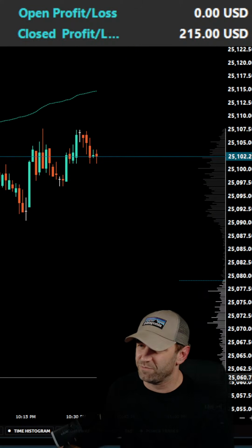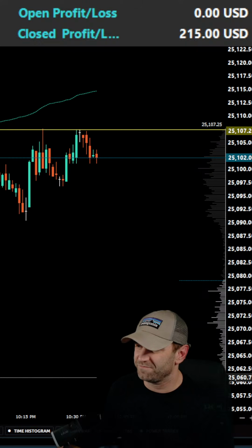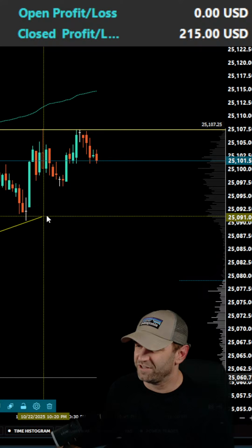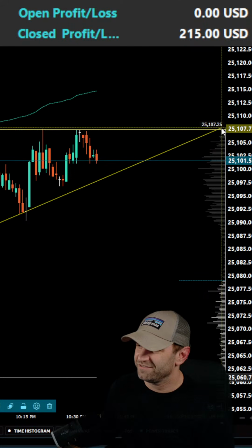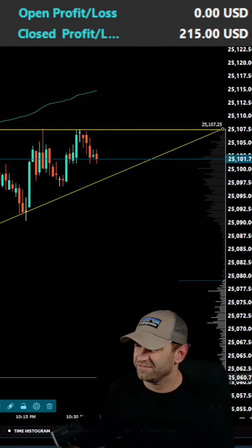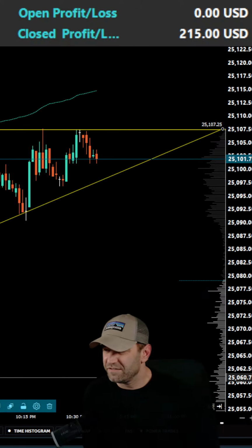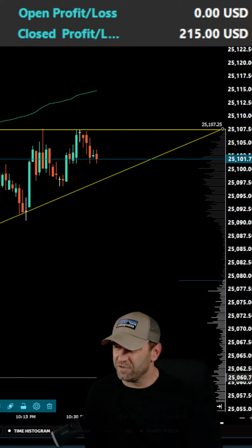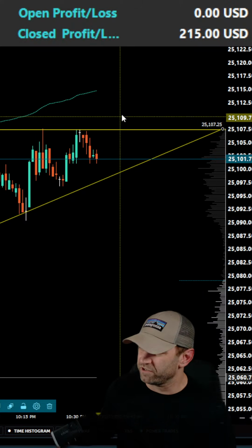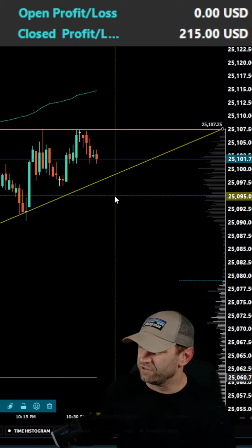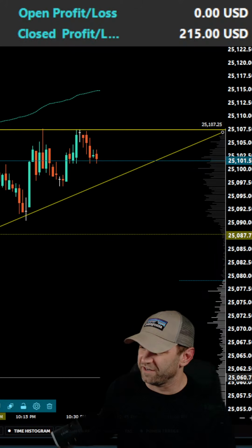We're kind of setting up one of these type of deals. So that's going to be your read, what you're looking for right now. You're either looking for the break above or the drop down below this trend line here.